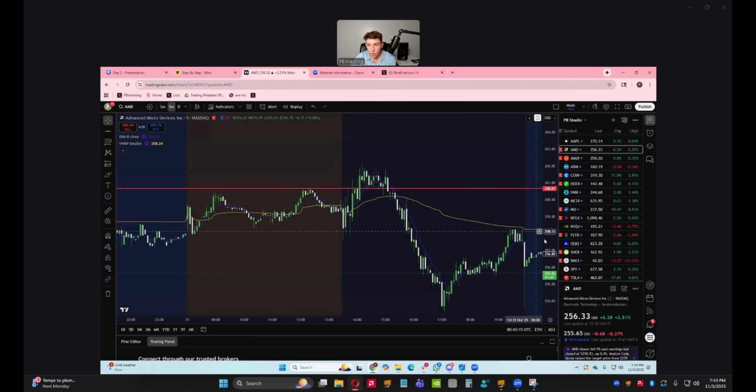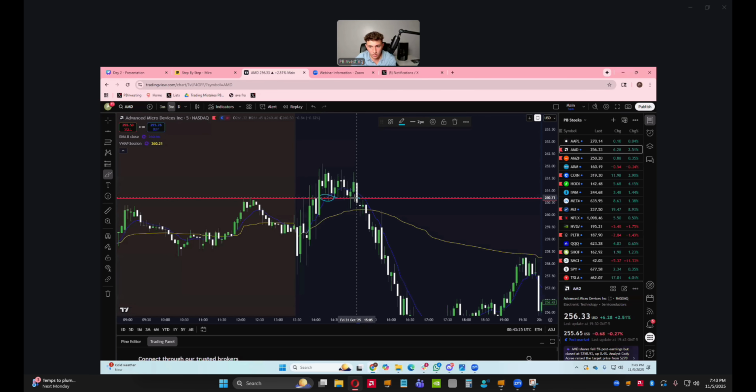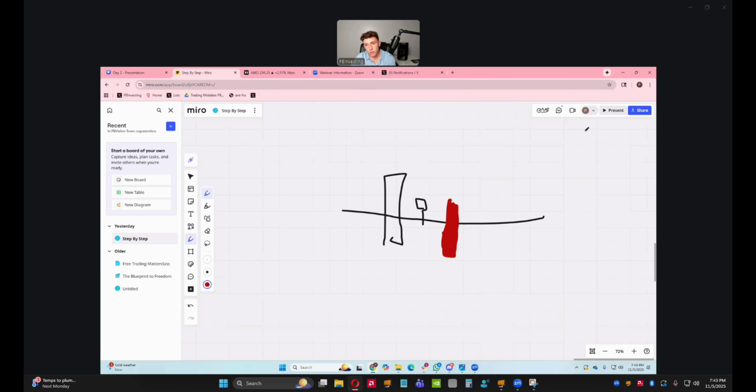But all you would have done is enter on this candle, then exit on this candle. Why? Because they got a 5-minute close under. So look, your risk is really small. You're losing so little. Does everyone understand why I'm exiting here? Because it gets the 5-minute close under the pre-market high, the retest spot.